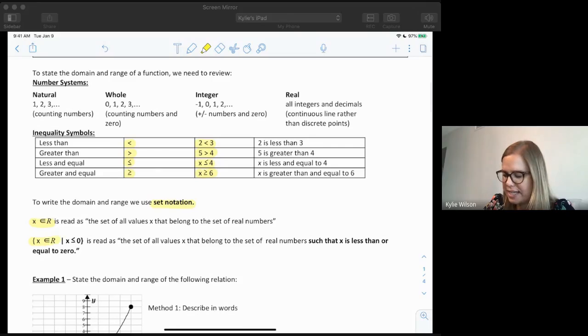Then this next set below reads x is an element of real numbers such that x is less than or equal to 0. That's how that translates to normal English, instead of this weird math English that we have going on. So let's go through and actually do some examples because that might make things a little easier.